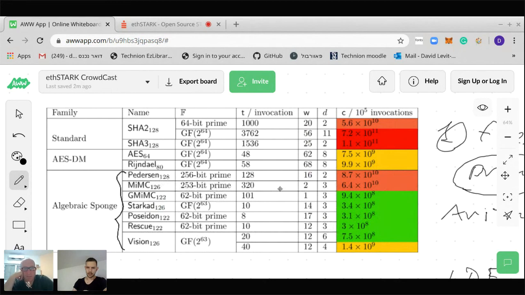But the total trace size, for Rescue it's 10 times 12, it's 120, and for MIMC it's a lot larger, 640. So both in the trace size and in the field size, MIMC is much worse. So we see it in the proving time, which is a lot bigger.